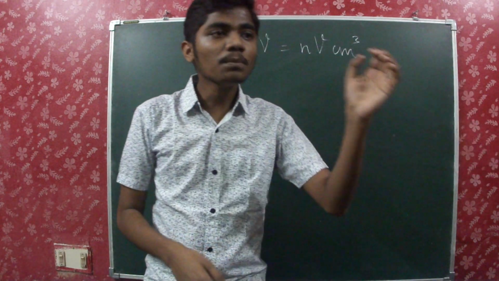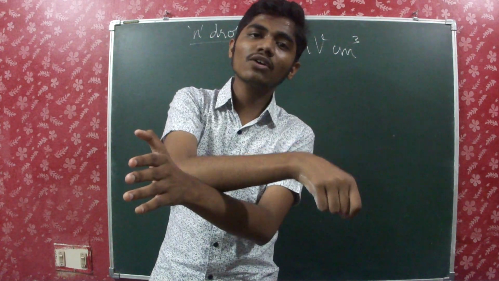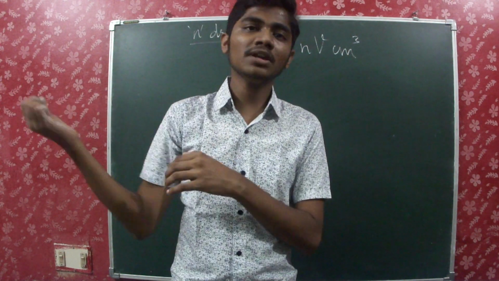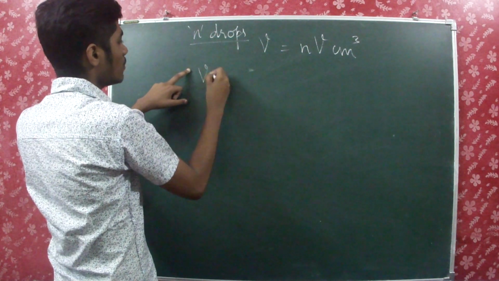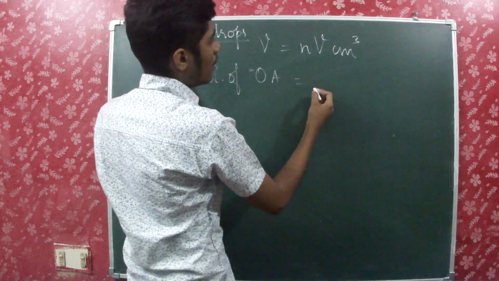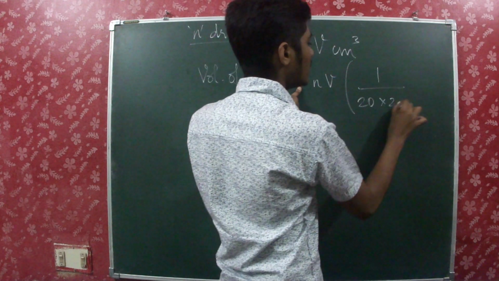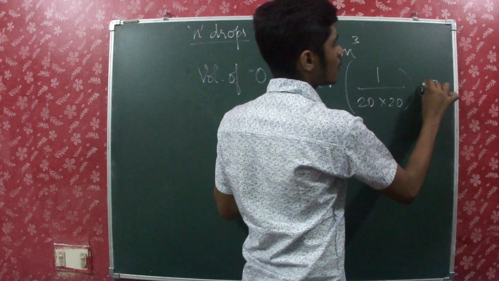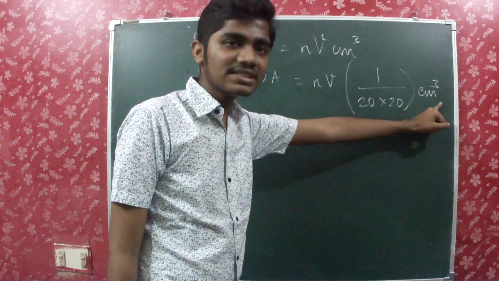First 1 centimeter cube plus alcohol gives you 20, and from that you are taking 1 and once again adding it to alcohol, and in that solution the concentration of oleic acid is 1 by 20 into 20 centimeter cube. So the volume of oleic acid here is nV into 1 by 20 into 20 centimeter cube.